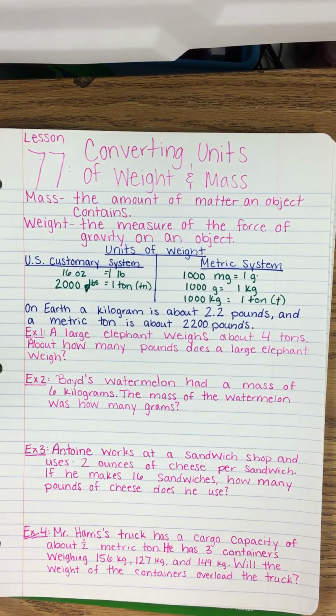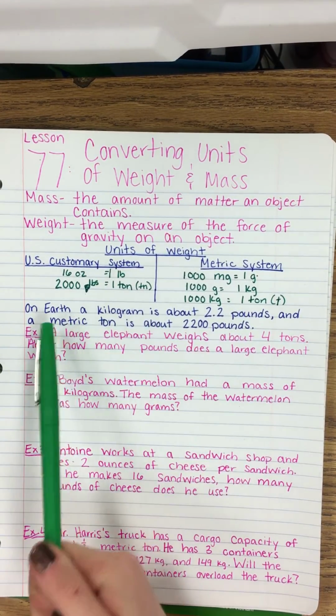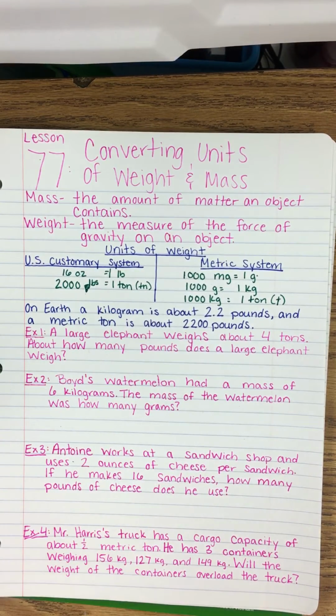Example 1. A large elephant weighs about 4 tons. How many pounds does a large elephant weigh? We're in the U.S., so we're using U.S. customary units.